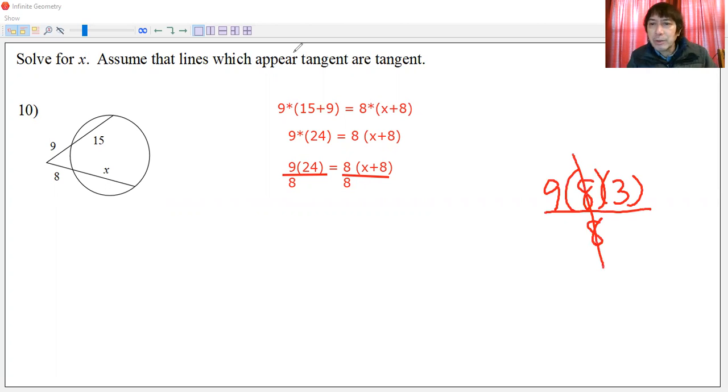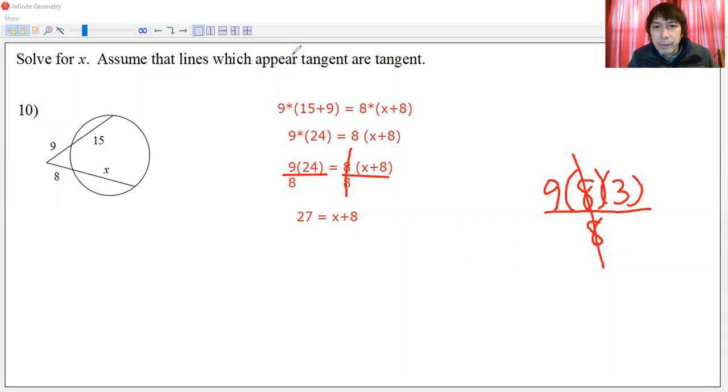And so the left side is just 9 times 3, which is 27, and this equates to x plus 8.